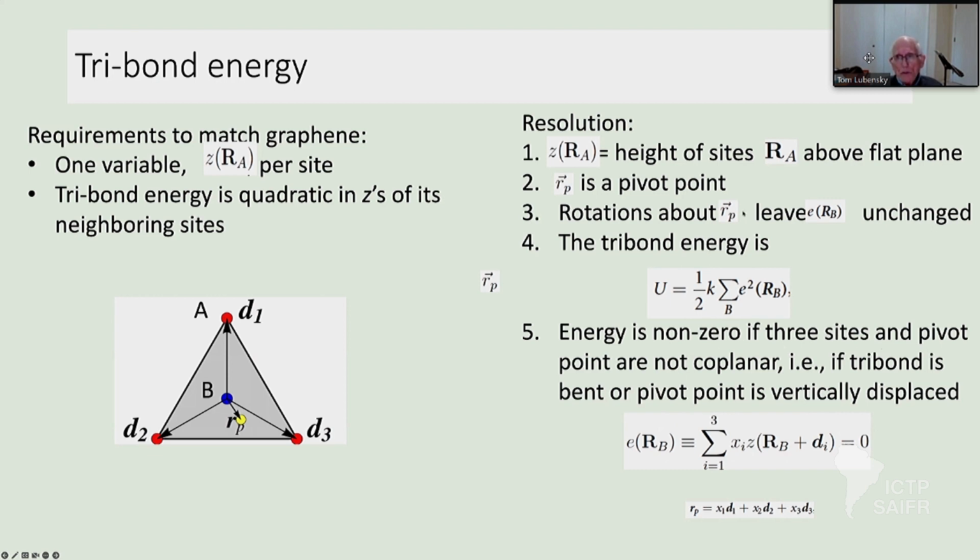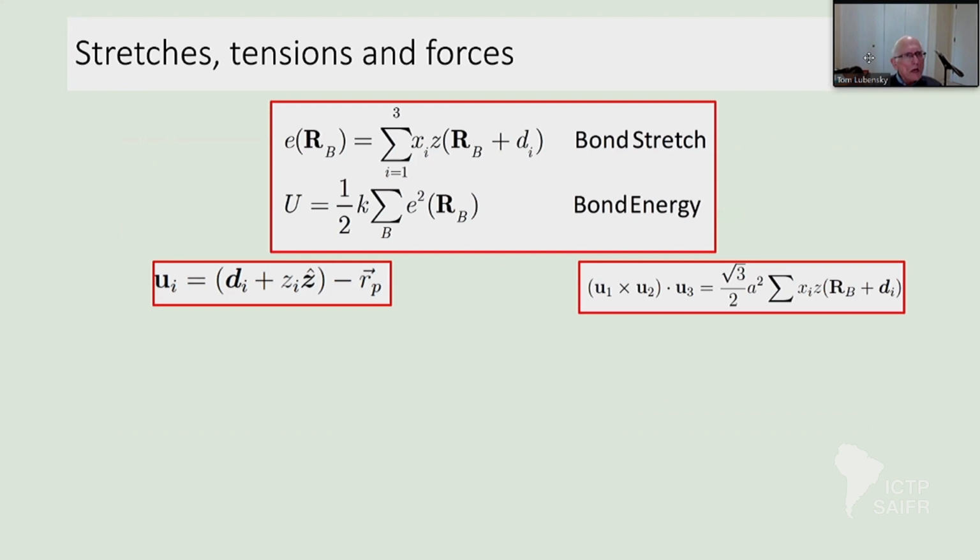And rotations about RP leave ERB unchanged. That's when we have 0 energy. Okay. So the ERB is the sum over the xi's of the height of the site that sits at RA, but RA sits at a site RB plus one of the DIs.